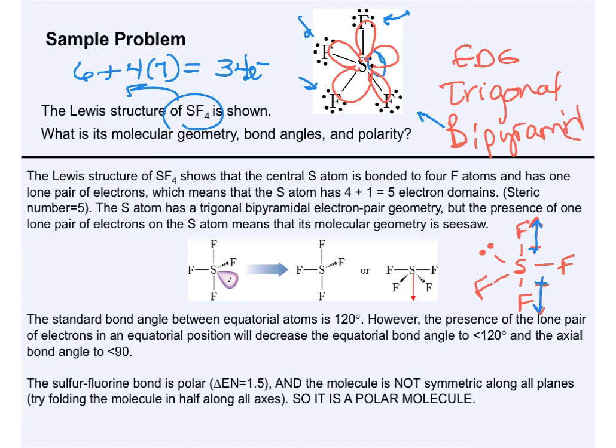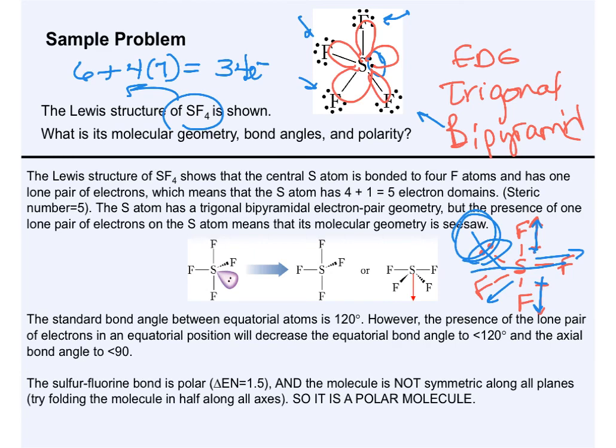So if that's all you had there, it'd be nonpolar, right? But you have more, okay? You have these, and you have the lone pair, which has a higher electron density than anything. So this is not symmetric, okay? Whether you try to fold it over on an axis or whatever, this lone pair makes it non-symmetric.